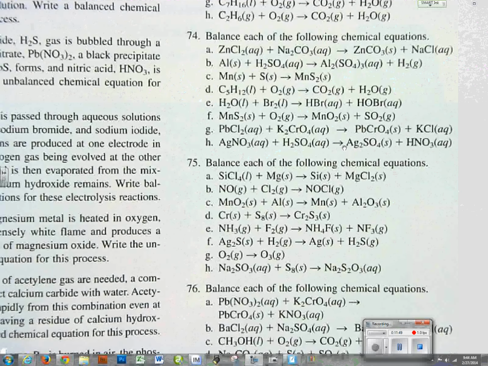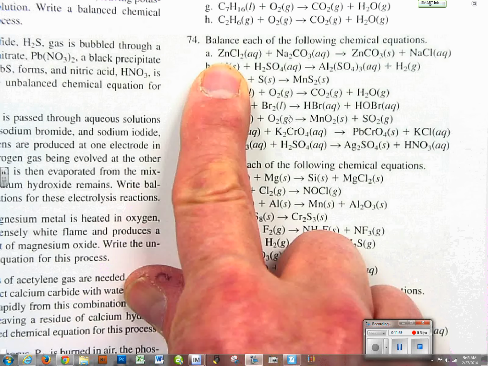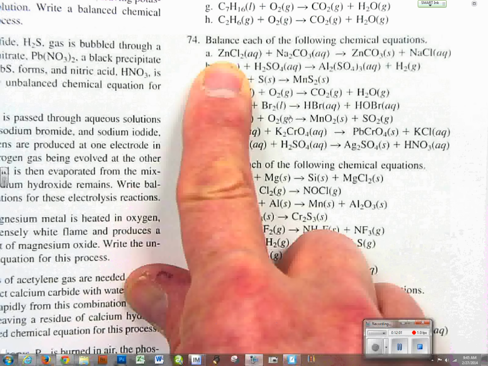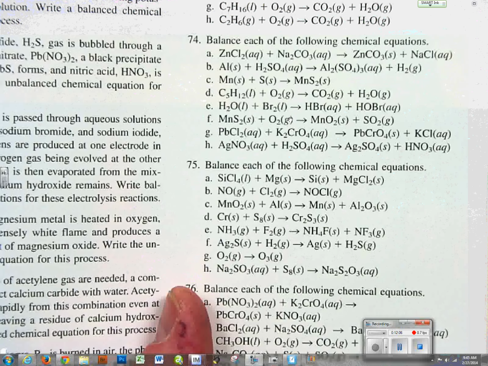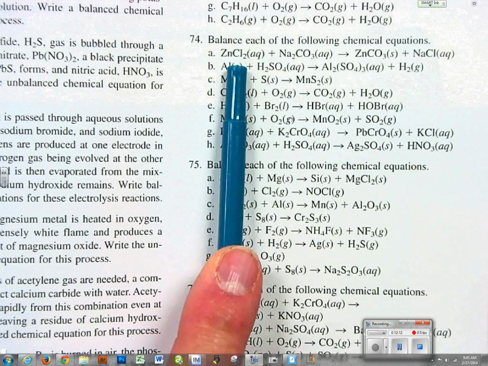Okay, these subscripts are important because these subscripts, like right here for the zinc chloride, tell us we have 2 chlorides and 1 zinc in the molecule, right? Okay, these can be called mole ratios because if we have 1 molecule, we would have 2 chlorines and 1 zinc.